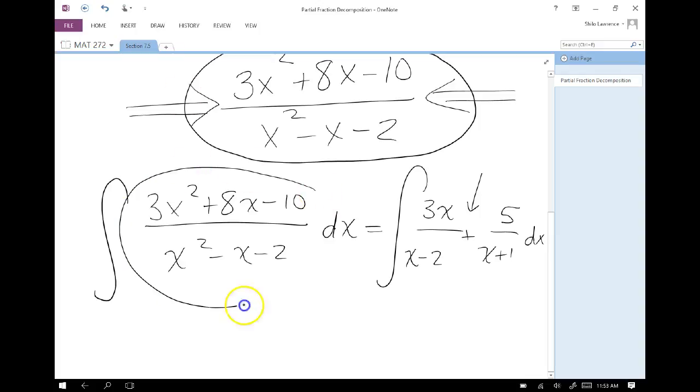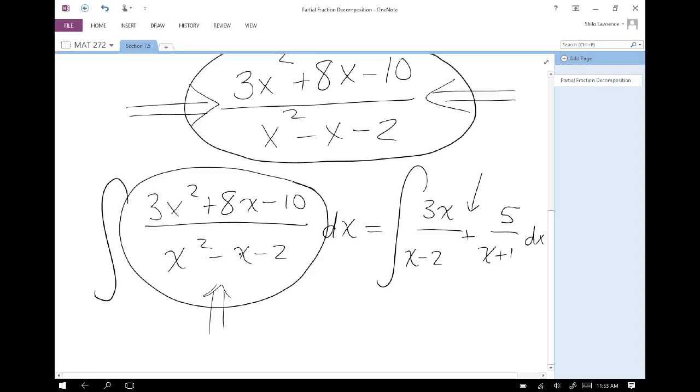Now here, it's all in one big piece. So we've got to figure out a way to integrate it all as one big piece. Right now, all we know is U substitution, or if it's a sum or difference of squares, we can do trig substitution. And neither one of those is going to work here. We don't have a sum or difference of squares, and U substitution is not going to work.